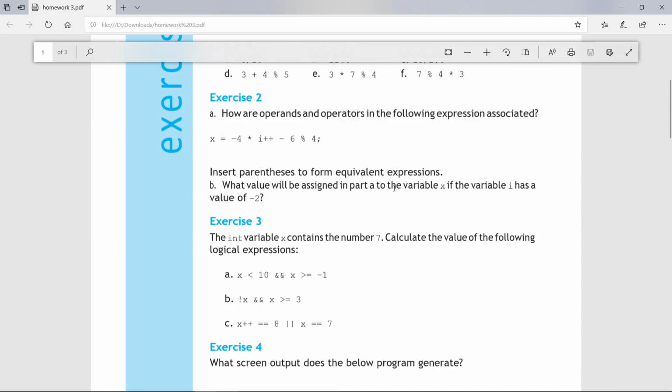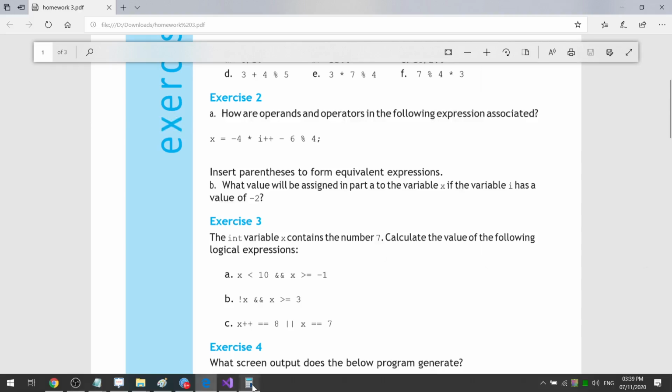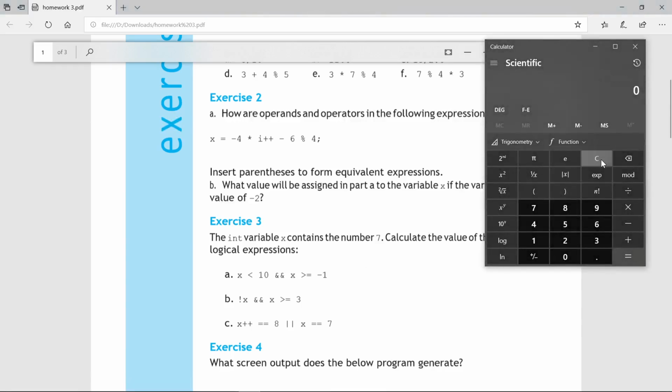What value will be assigned in part to the variable x if the variable i has a value of -2? So in here, we can do -4 times -2, okay? That would give us 8.